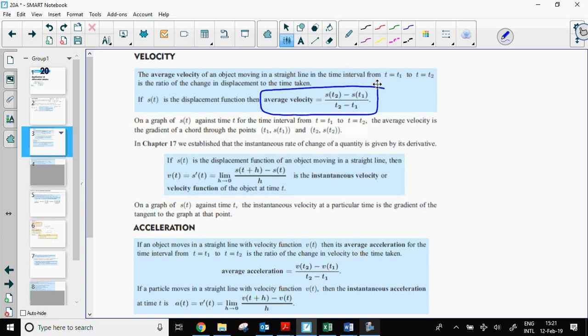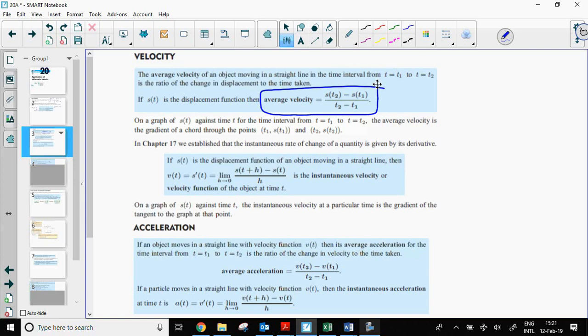So again, time is the input here, but do you see in that formula y2 minus y1 over x2 minus x1? It's the same idea here, because the position is the output, time is the input. So that would get us the average velocity.